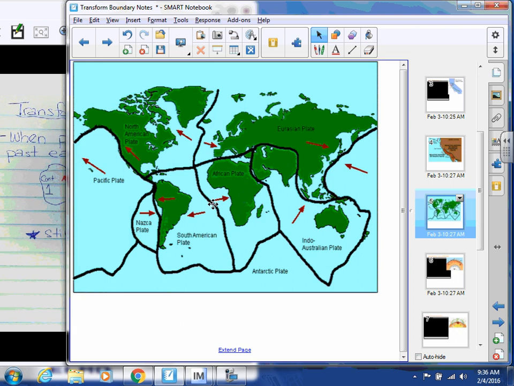Because remember, at one point we're saying that we used to have one big landmass, which was called Pangea. And the reason why we have this water is because of the break. They moved apart from each other. Yes, we had mid-ocean ridges and things of that nature, but they moved apart from each other. So I want you to recognize that when you're seeing it.